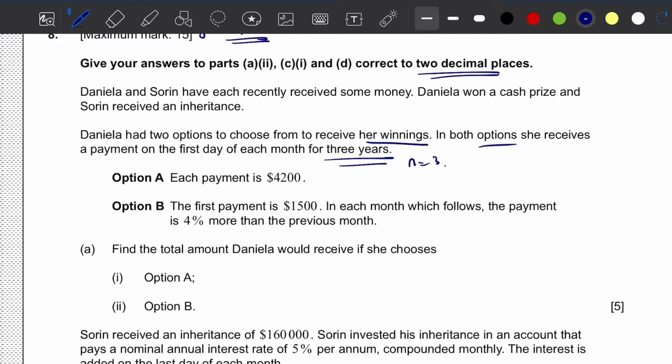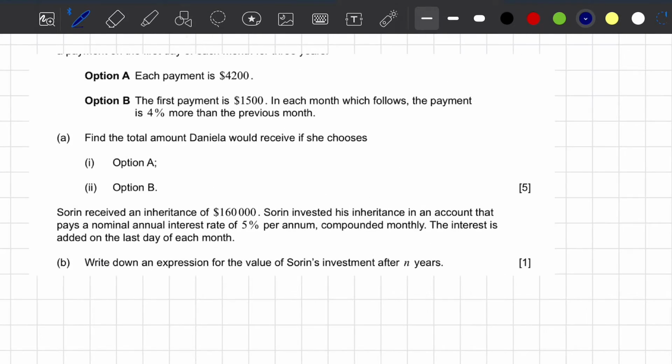Option A is each payment is $4,200. Option B is the first payment is $1,500, and each month the payment is 4% more than the previous month. So question A, we need to find the total amount Daniela would receive if she chooses option A or option B.